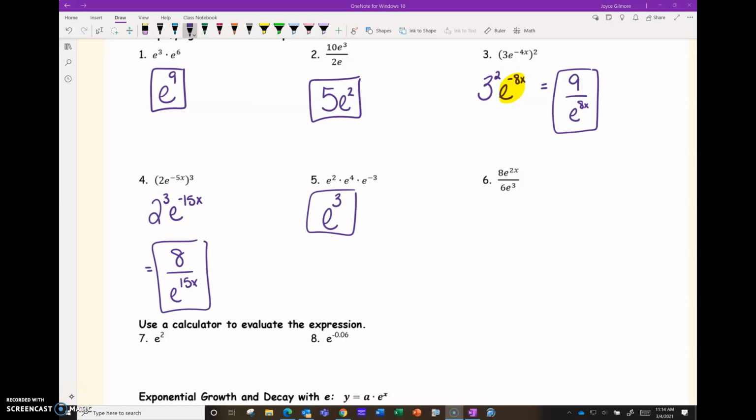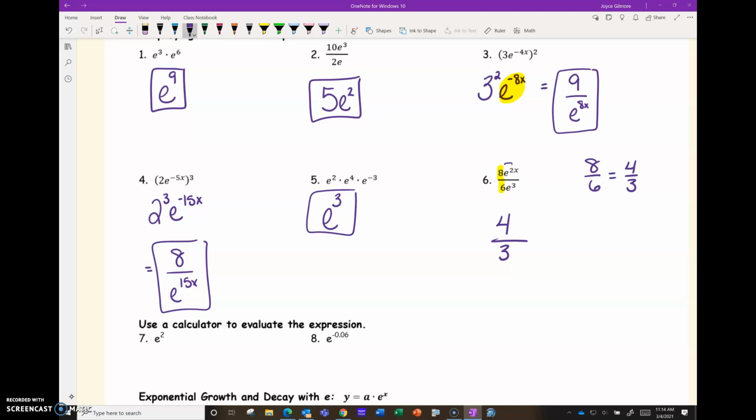Okay, number 4, 2 to the third, e to the negative 15x. So you have 8 on top and e to the 15x on the bottom. Number 5, you're adding 2 and 4 to get 6, and then adding a negative 3 to bring it down to 3. Number 6, you've got the fraction 8/6. 8/6 simplifies to 4/3. So we know we're going to have 4 on top, 3 on the bottom.